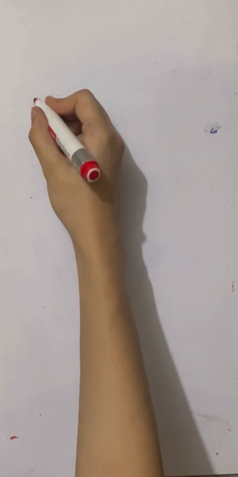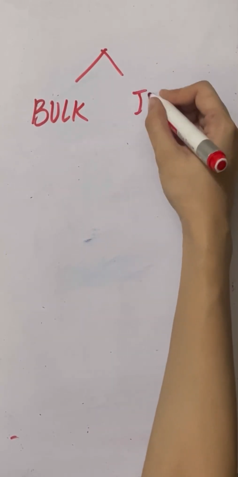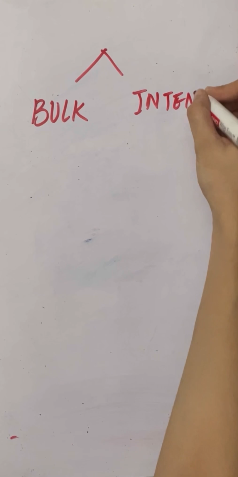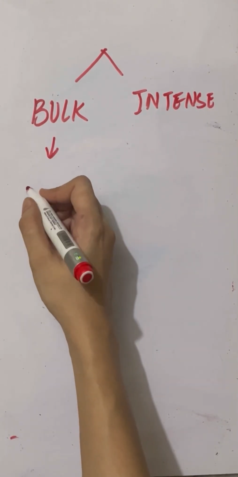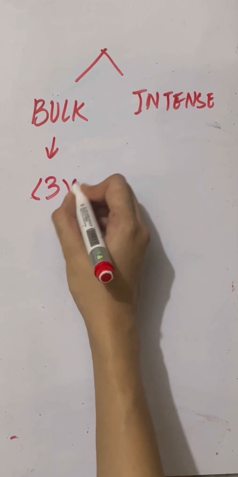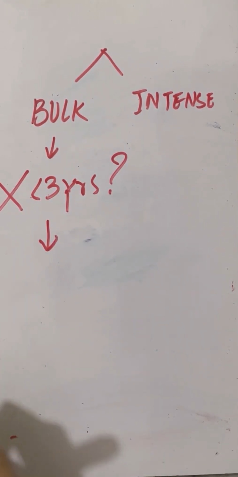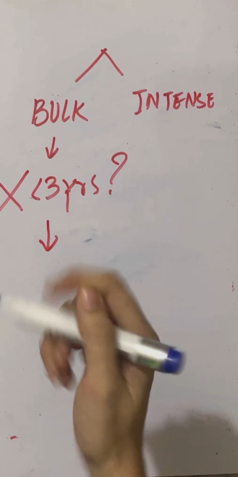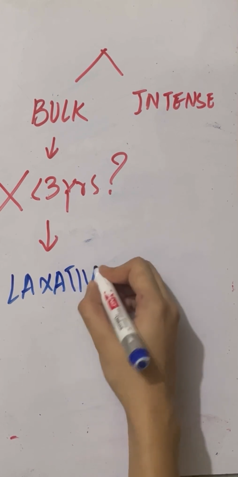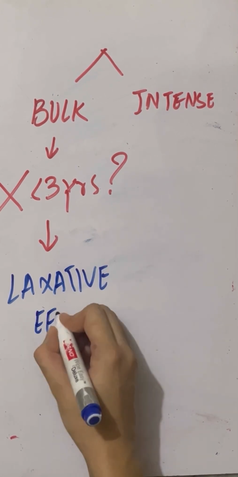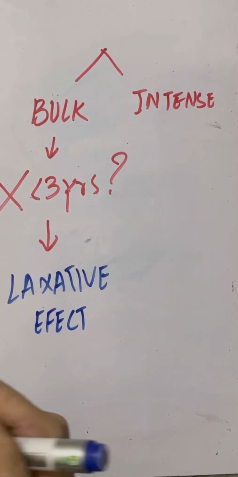Either they are bulk sweeteners or intense sweeteners. The bulk sweeteners should not be given to a child less than 3 years. Why? Because they have a laxative effect.